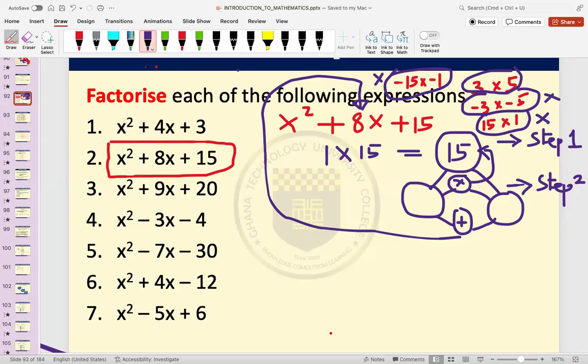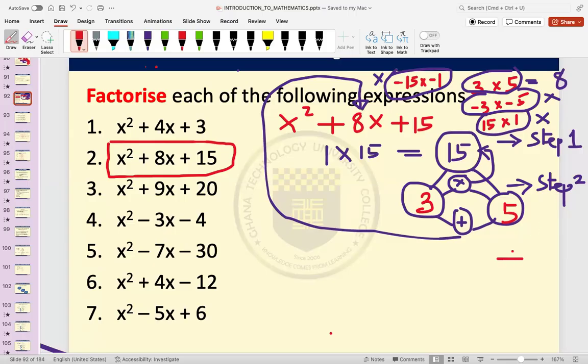But when I add 3 to 5, I will get the 8 I'm looking for, which means the two numbers we should use for this 15 are 3 and 5. Then 3 multiplied by 5 will get us our 15, and 3 plus 5 will give us the middle term, 8, we are looking for. And that is the end of step 2.